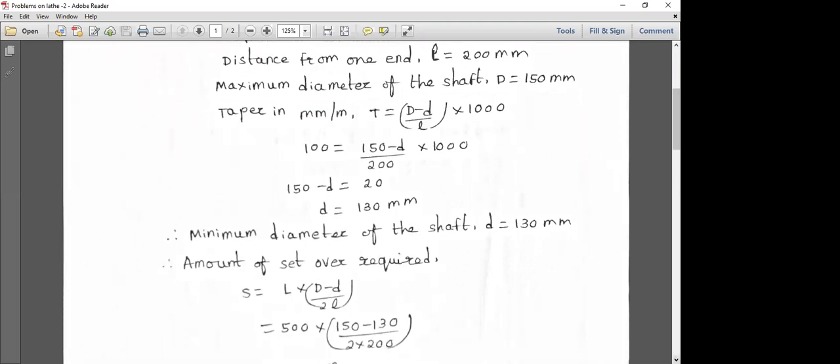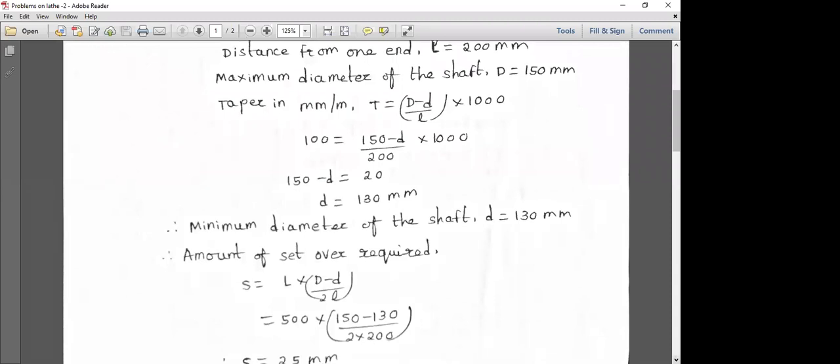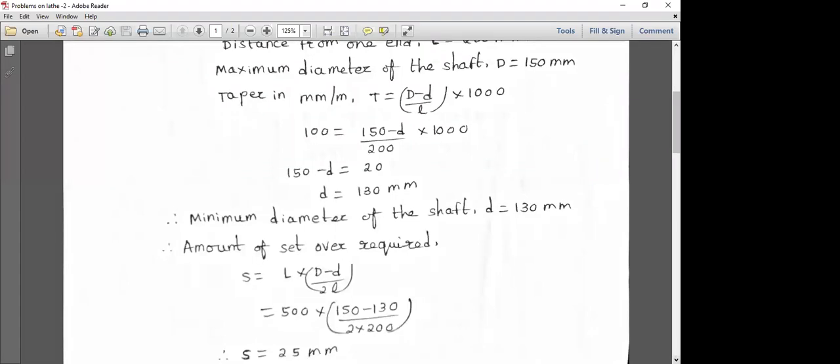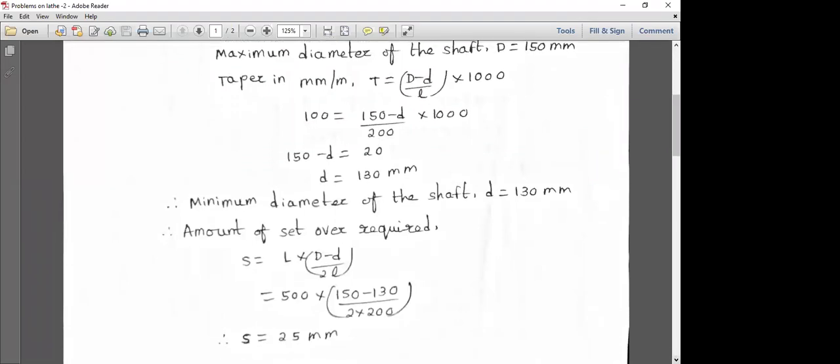The length of the shaft is 500, the maximum diameter capital D is 150, the big end diameter, and small d I have calculated as 130. And what is capital S? The amount of set over required for the taper turning operation.